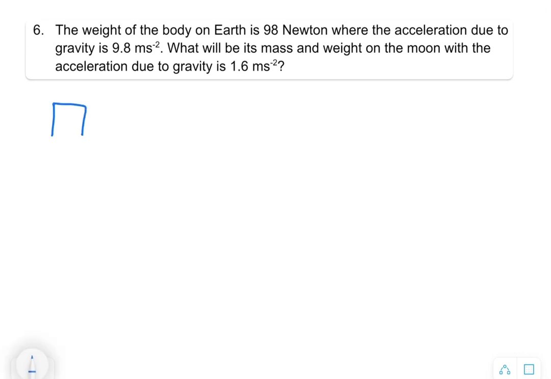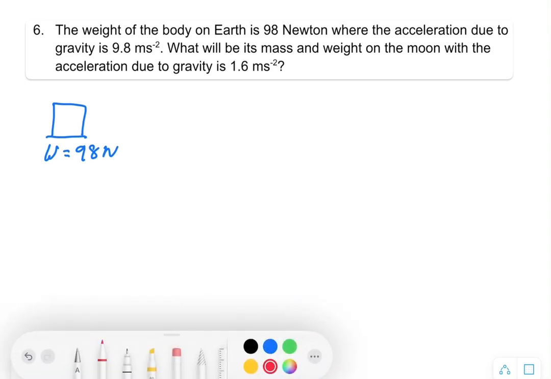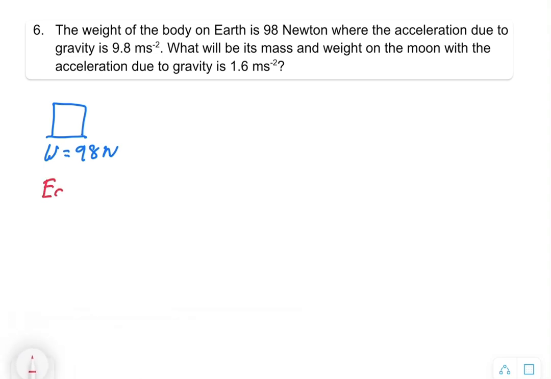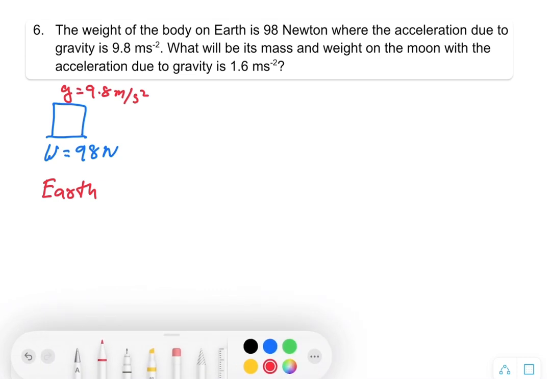So on Earth, the body is having weight of 98 newtons. Okay, so on Earth it is weighing 98 newtons. Here the acceleration due to gravity is 9.8 meters per second square.